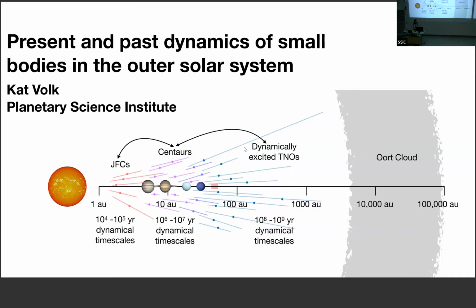Okay. So I know this is a rocky small bodies session, but I'm actually going to mostly talk about icy small bodies. But if ice is low enough temperature, it's like a rock, so that counts.